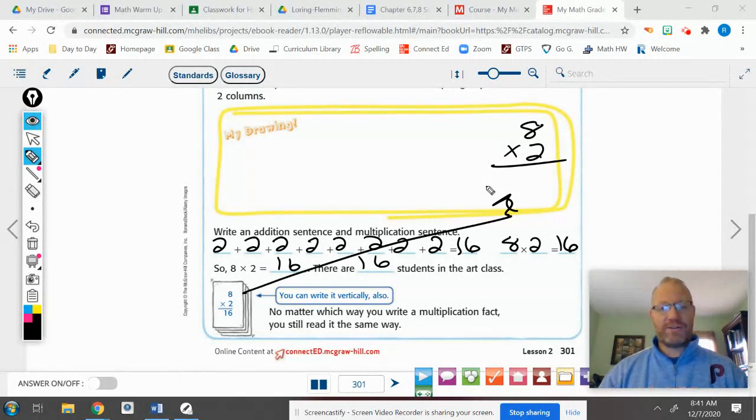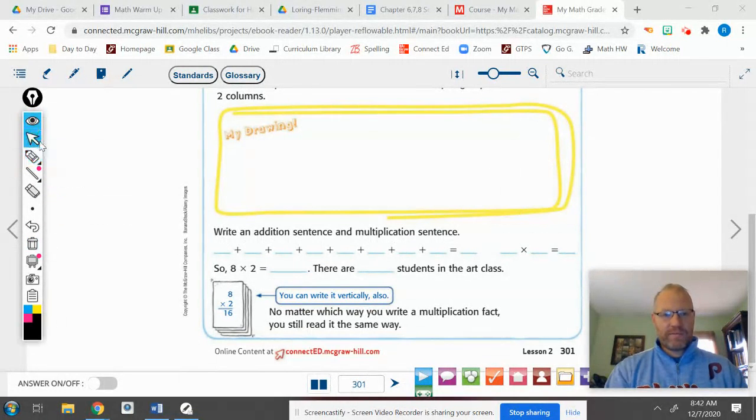But if it does say to draw a picture or an array, obviously we model that as well, because it's part of our curriculum to know how to model a multiplication problem. So you can still do this if it doesn't ask for an array. No matter which way you write a multiplication fact, you still read it the same way: 8 times 2, or 8 times 2 as the array, or 8 groups of 2. So let's move on. Hopefully that was successful for you.